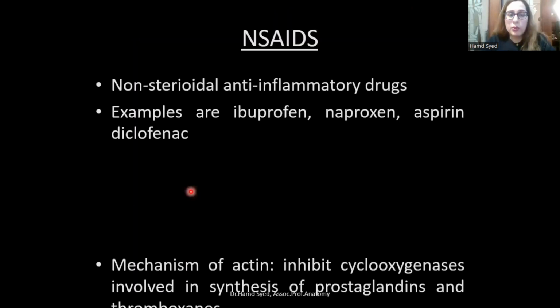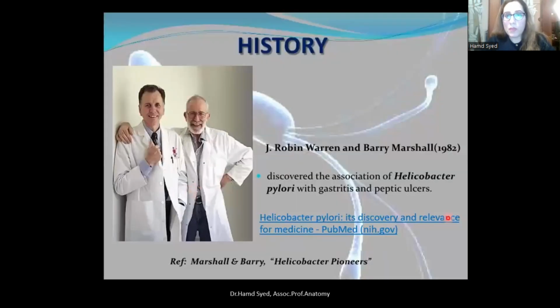Now coming to H. pylori, this was an interesting discovery which was made quite many years ago. It was discovered by the scientists Warren and Barry Marshall, who in 1982 discovered the role of H. pylori, which is a bacterium, in gastritis and peptic ulcers.